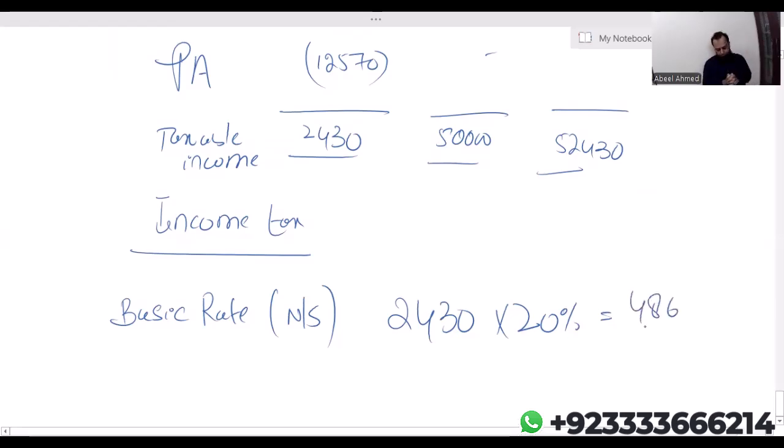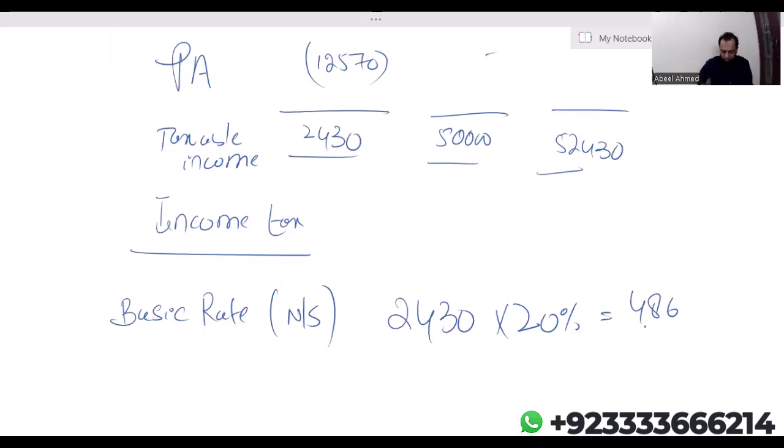Now, you can see that taxable income in the column of non-saving, after deducting the personal allowance, is less than 5,000. Since it is less than 5,000, starting rate band is applicable for the saving income, but you will not get the entire 5,000.